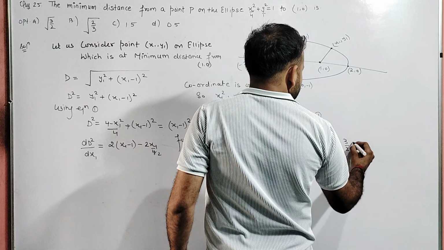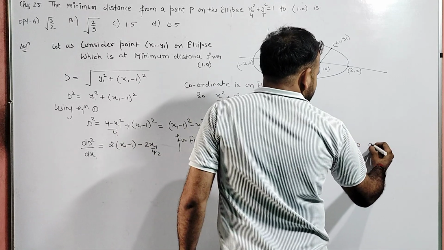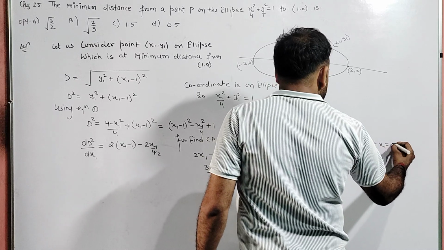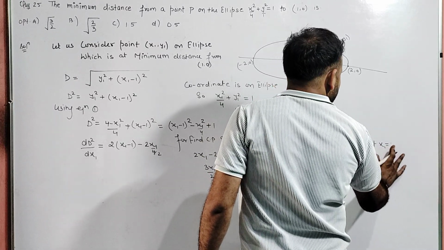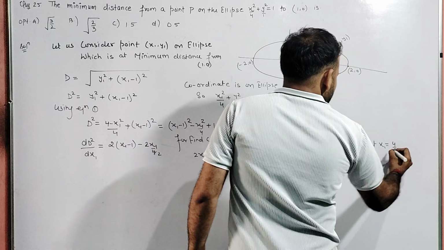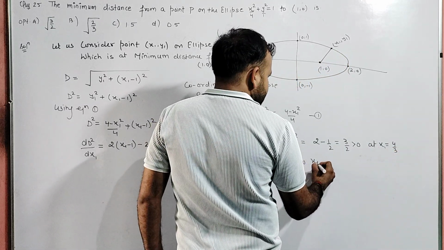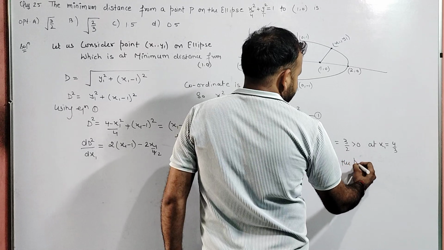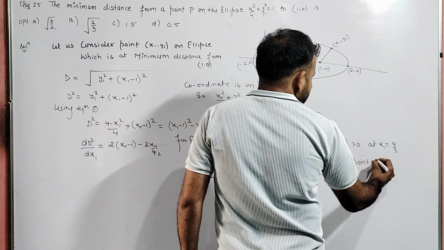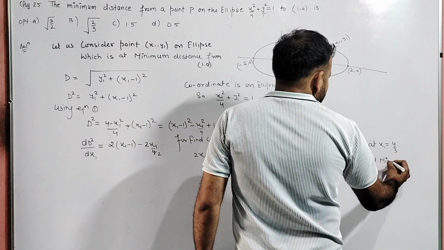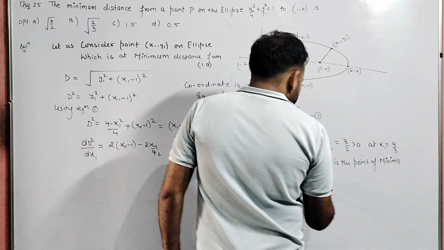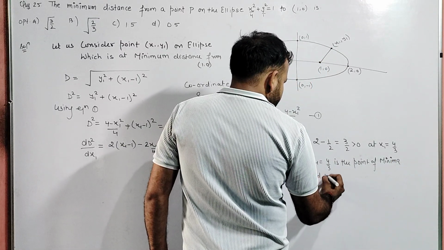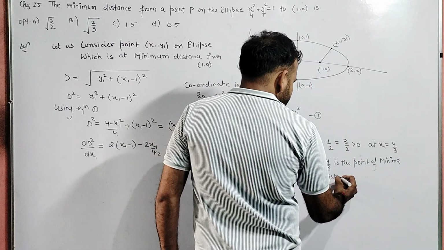This is greater than 0 at x1 equal to 4 by 3. So we can say that x1 equal to 4 by 3 is the point of minimum distance.